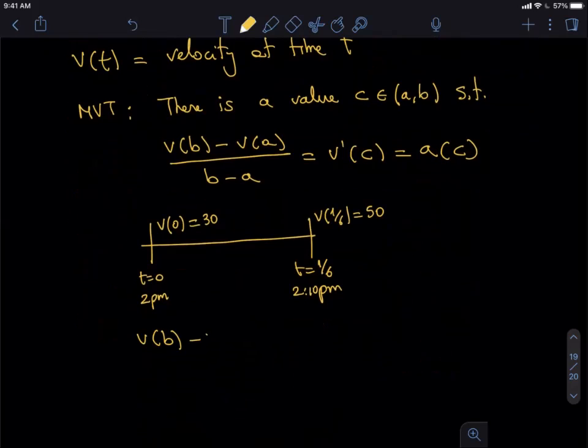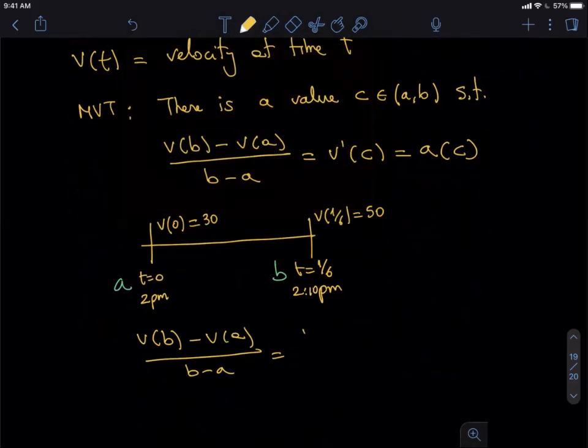v of b minus v of a divided by b minus a. Let's take a as 0 and b as 1/6.